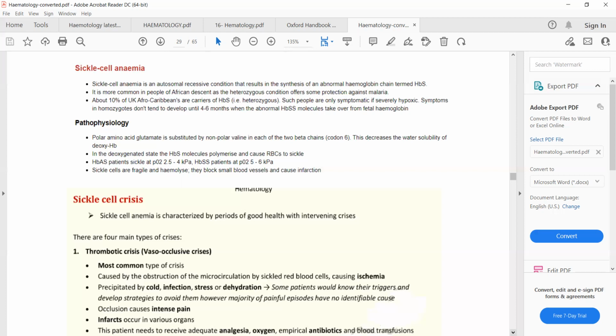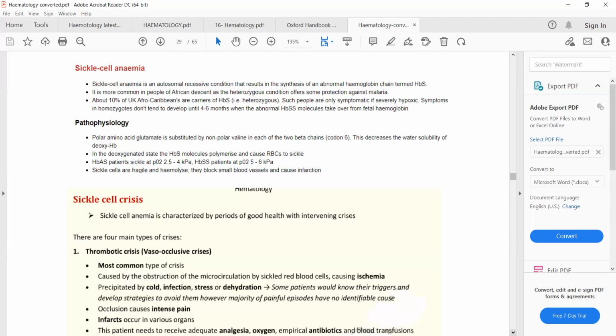The first problem that will arise due to sickle shaped RBC is that it will be broken down by the spleen because of its abnormal shape. The other thing it can cause is that these sickle shaped RBCs will block small blood vessels, the microvasculature.